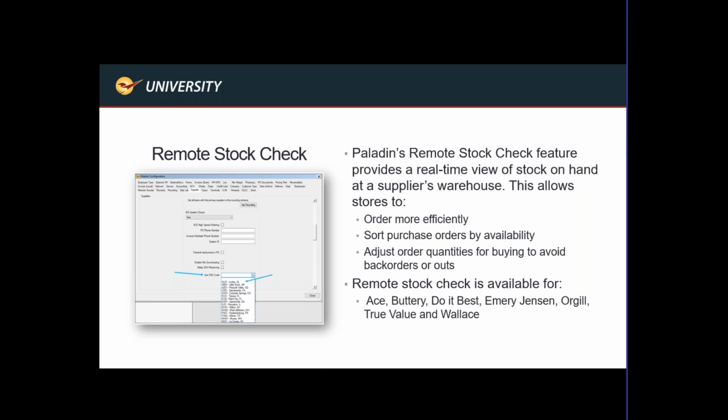So to help keep your inventory correct, you can do that. And along with that, the remote stock check, when you open a purchase order, allows you to see it'll sort it by items that are on hand. So you have a whole section of, hey, the supplier does not have these based on the remote stock check.